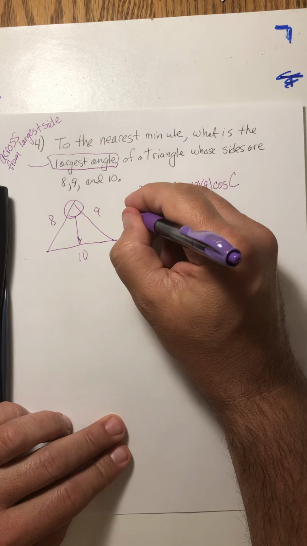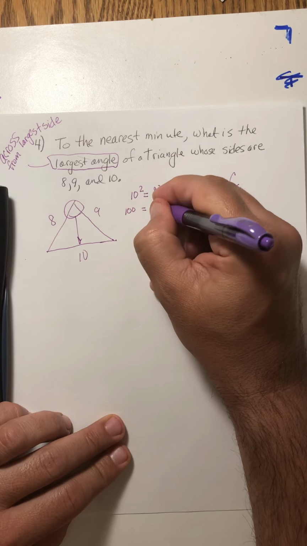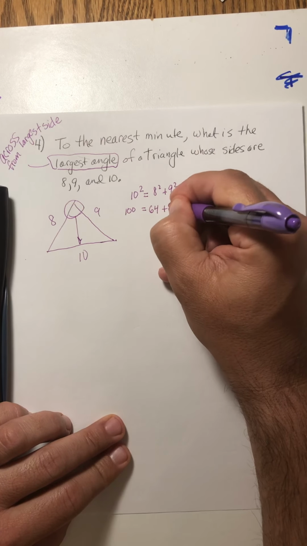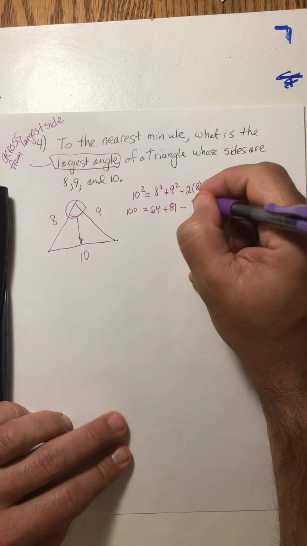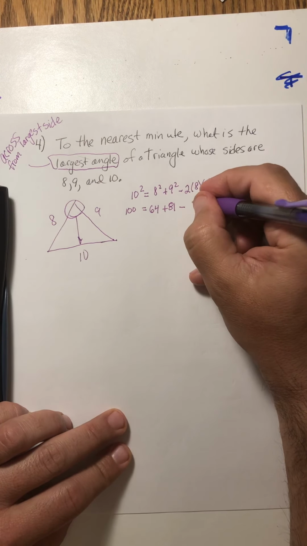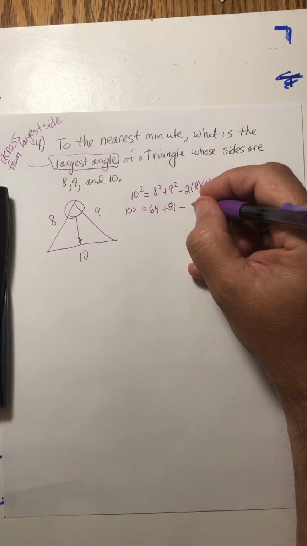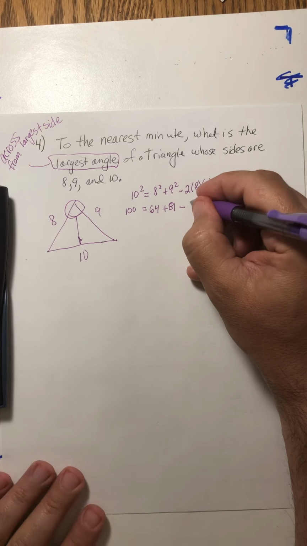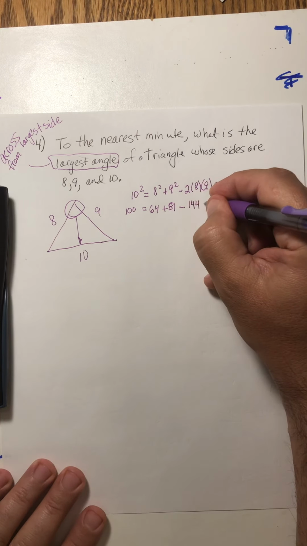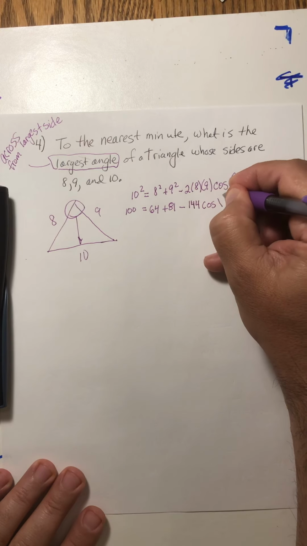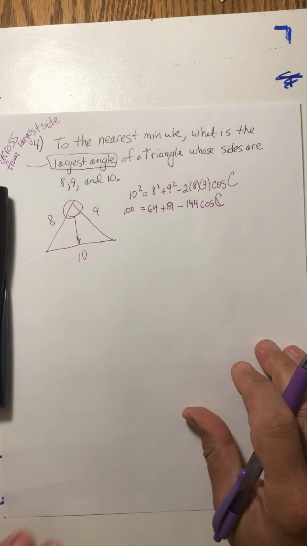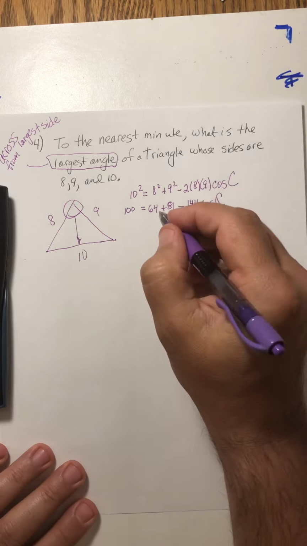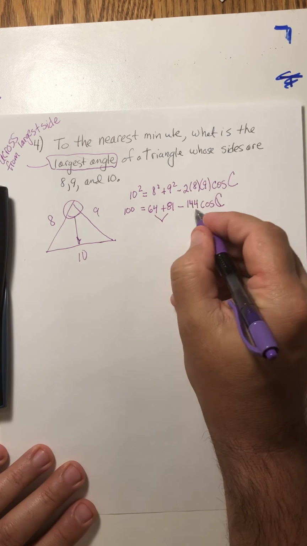Well, I know my 10 squared, 100, equals 64 plus 81 minus 2 times 8 times 9 is 144 cosine C. Use the letter C. Okay. Again, we can combine those. I cannot combine that.